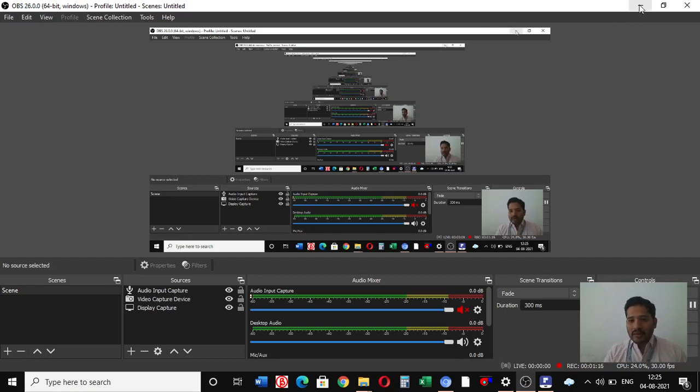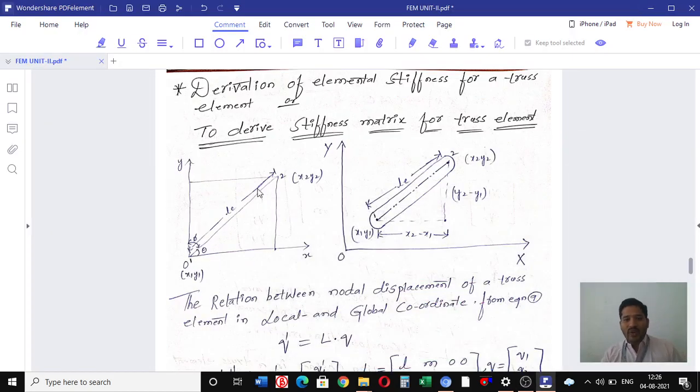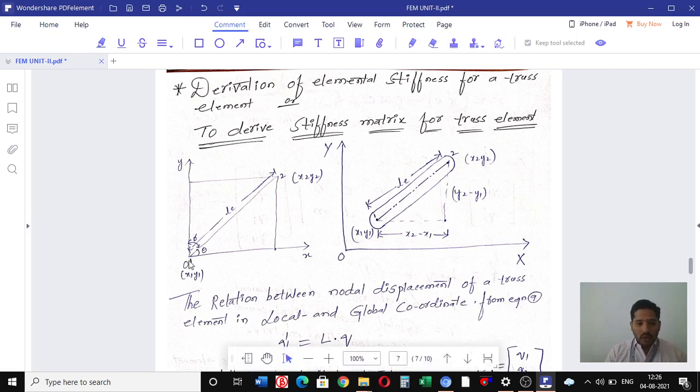Let us see this figure, then you can easily understand. This is our x coordinate and this is our y coordinate. We have two nodes, node 1 and node 2.